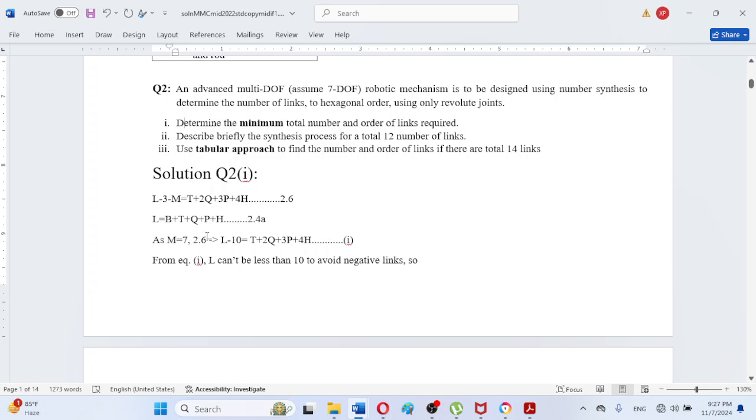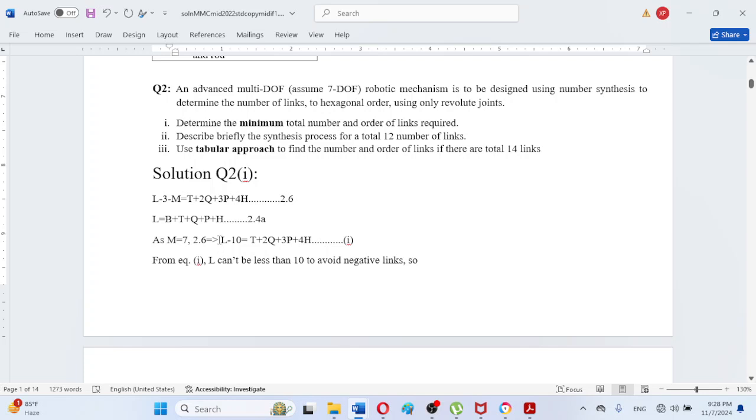As we can observe, the DOF M, that is the requirement, is 7 DOF. So when we put M equal to 7 in equation 2.6, L minus 3 minus 7 will be L minus 10. So the equation becomes L minus 10 equals T plus 2Q plus 3P plus 4H.